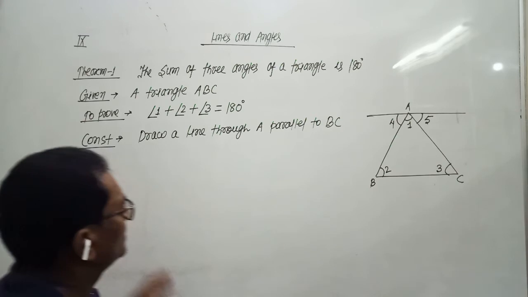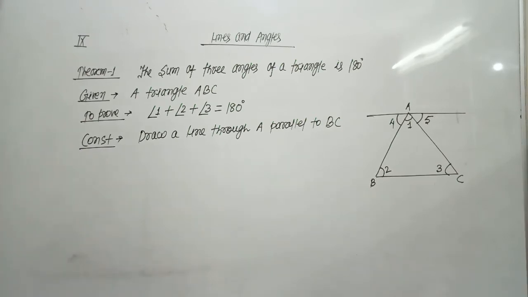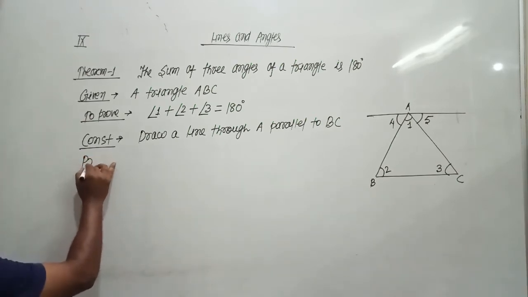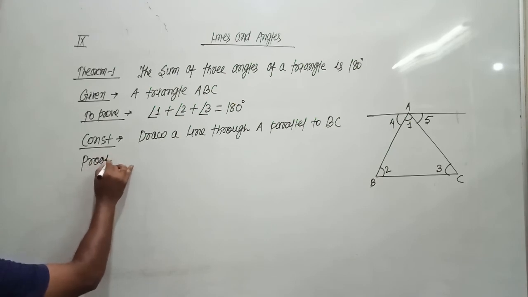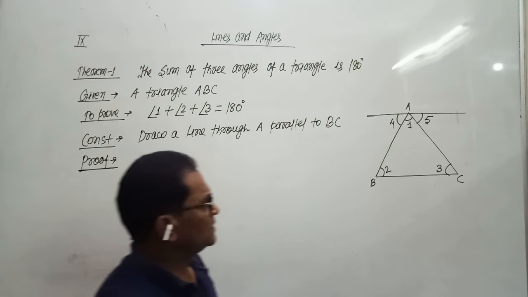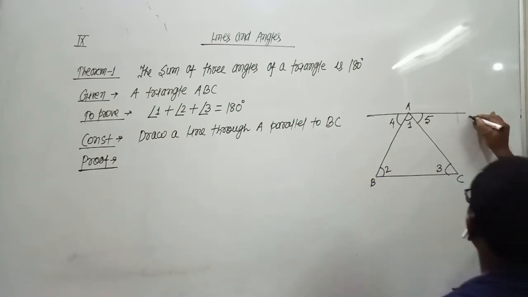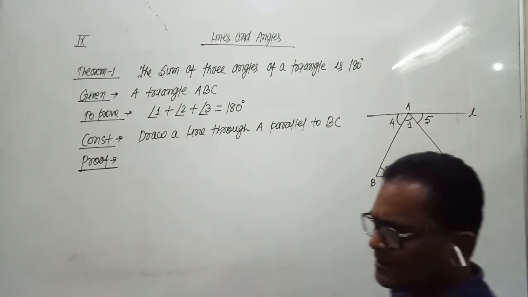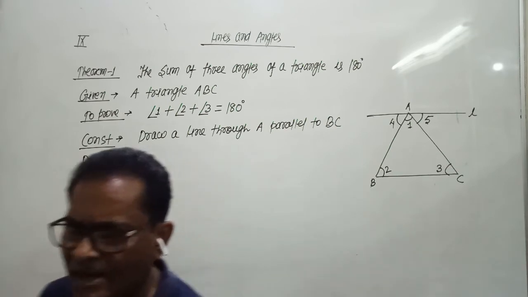Now we prove. Here we write proof. Name this line L. Line L is parallel to BC by construction.